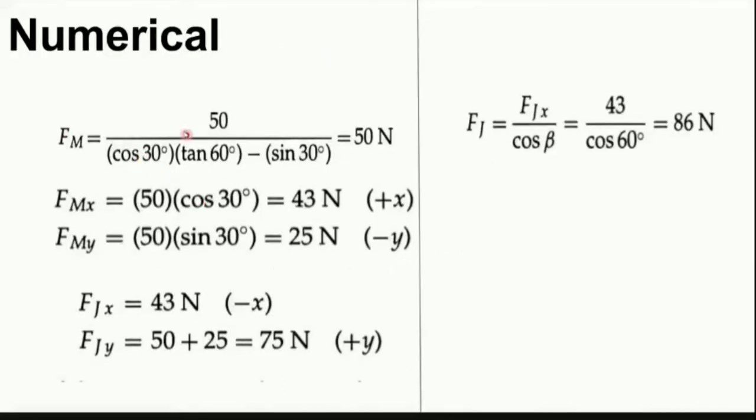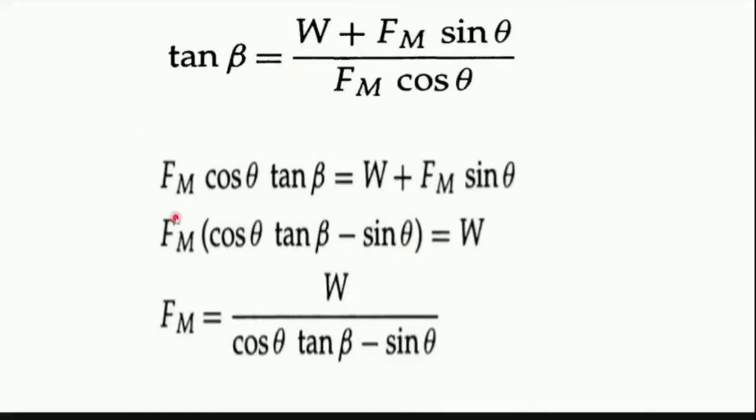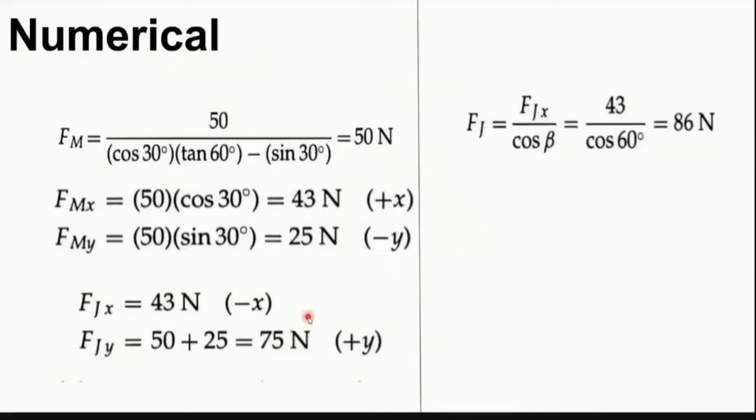They have given theta to be 30 degrees and beta to be 60 degrees, right? So what is the Fm formula? Fm, right? See, this is Fm. W by cos theta tan beta minus sin theta. What was the W value given? 50. 50 by cos 30 tan 60 minus sin 30.